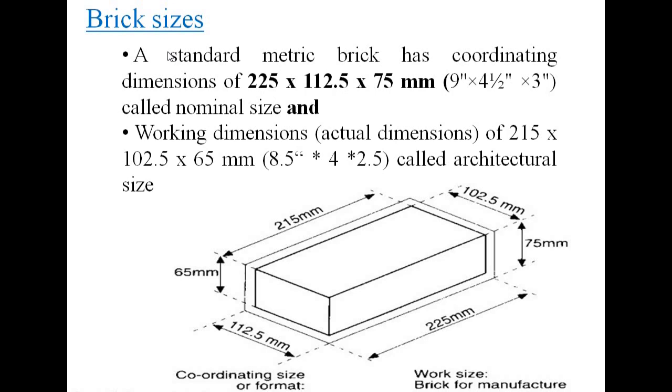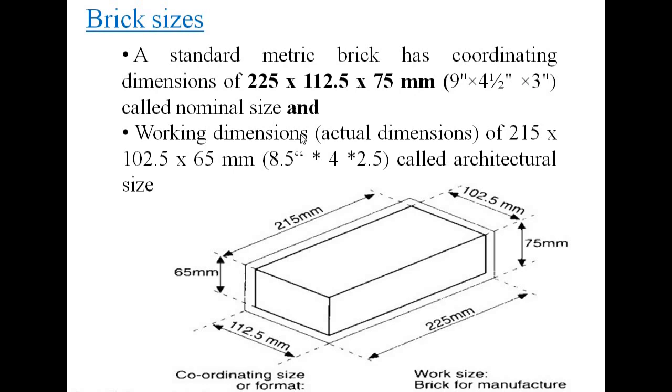Brick sizes. We have already seen in previous lectures about the sizes of bricks. Here a standard metric brick has a coordinating dimension of 225 by 112.5 by 75 mm, that is 9 inch by 4.5 inch by 3 inches, called the nominal size.